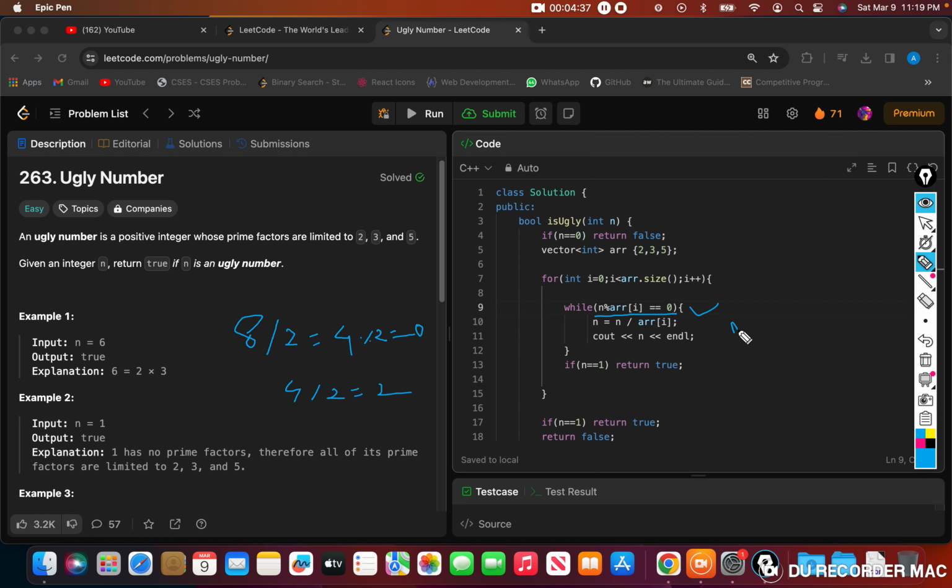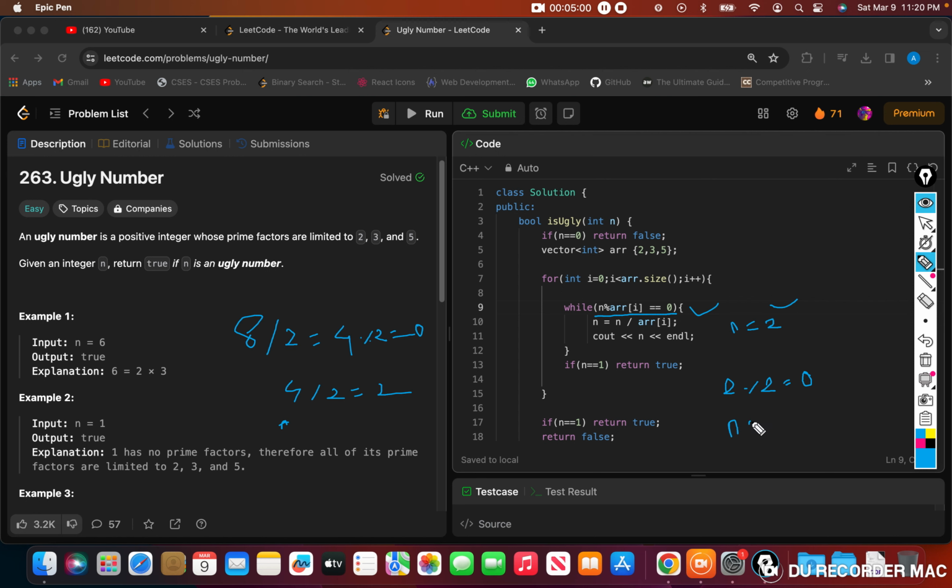So now our n is equal to 4, and we do the same. 4 modulo 2 gives 0, so the while loop condition will again be true.